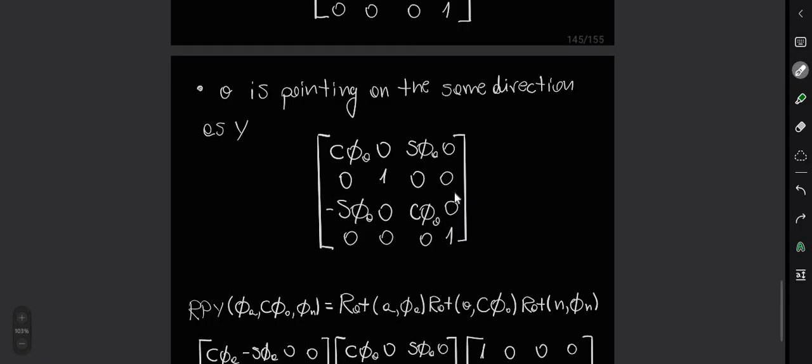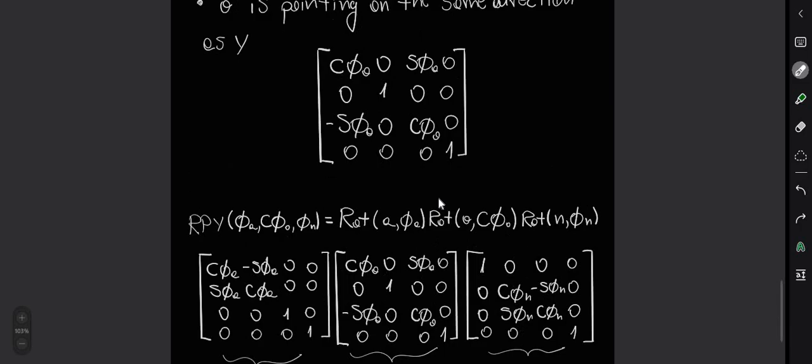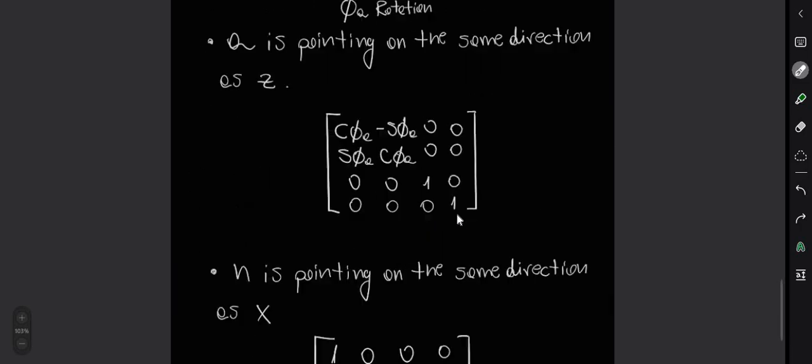And for the O matrix, which is the matrix of rotation about the O axis, we again just need to adapt the characteristic rotation matrix made about the y-axis. Okay, so those are the three.